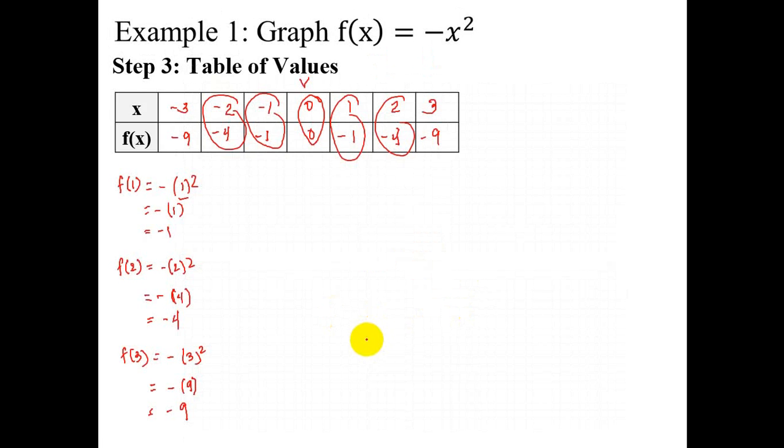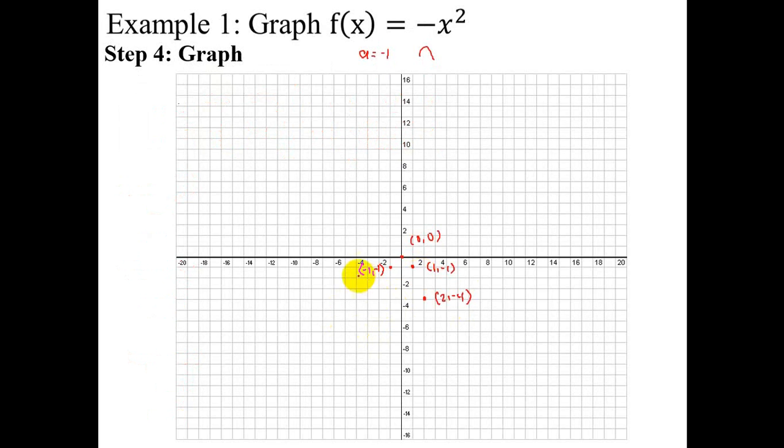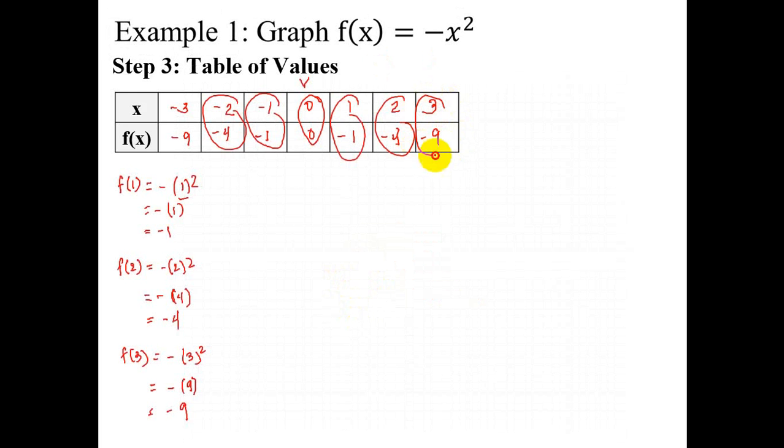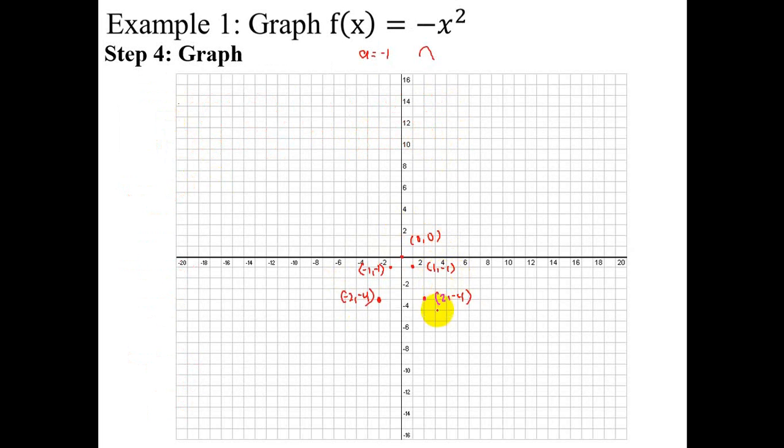Next, we have (negative 2, negative 4). This is the location. Lastly, let's have (3, negative 9) and (negative 3, negative 9). This is (3, negative 9), and this is (negative 3, negative 9).